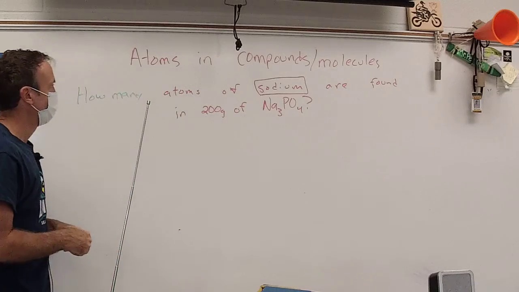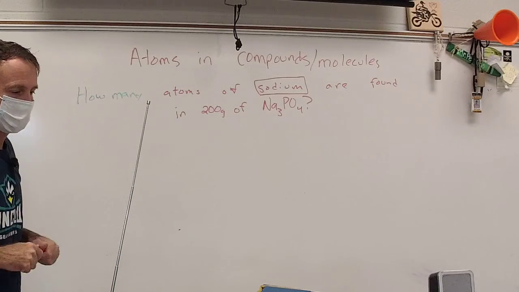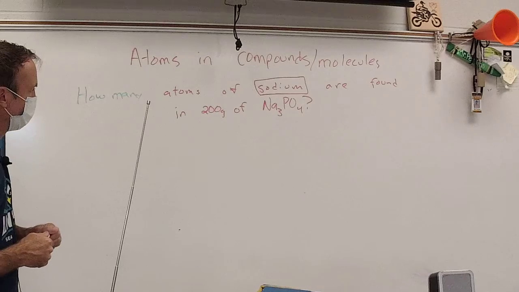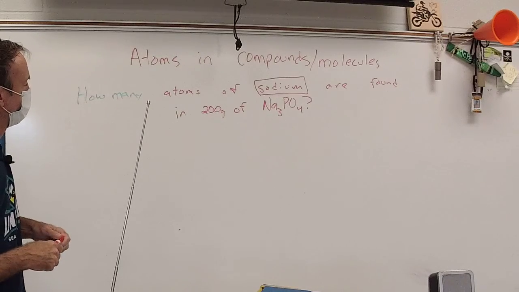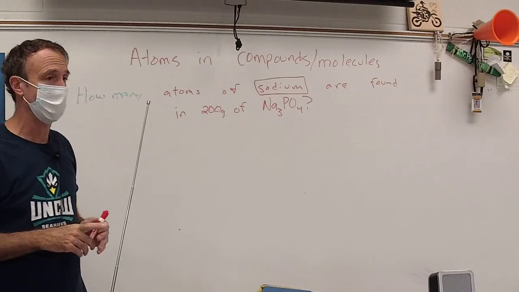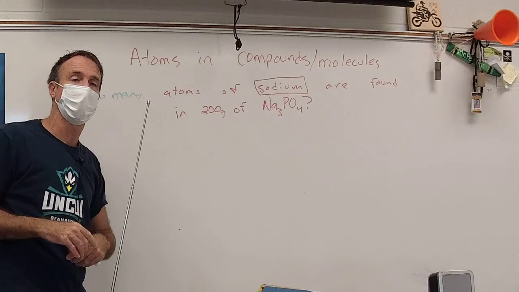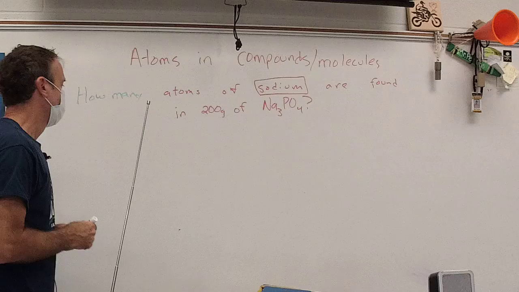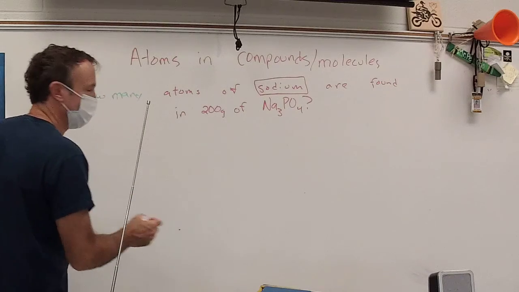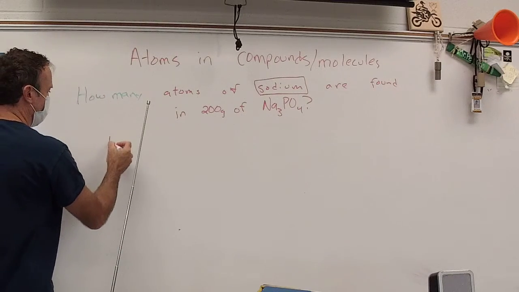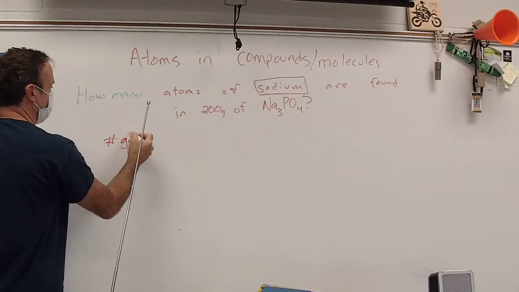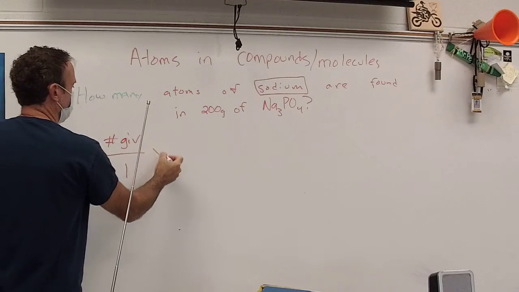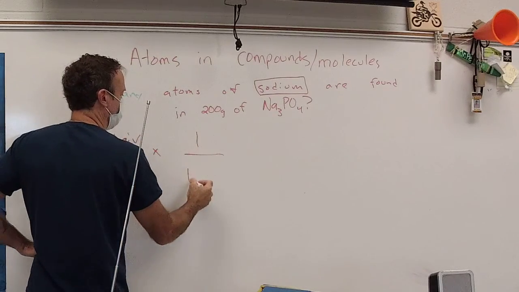So here's what we have to do. The problem with these problems is there are multiple ways to do them. Let's start out with our V-shaped equation: our number given over 1 times 1 over the proper number, times the proper number asked over 1, equals.